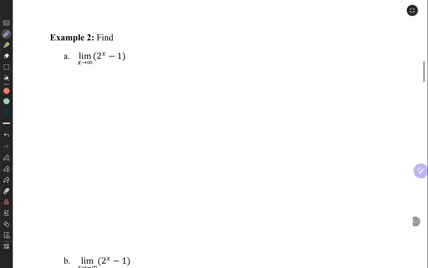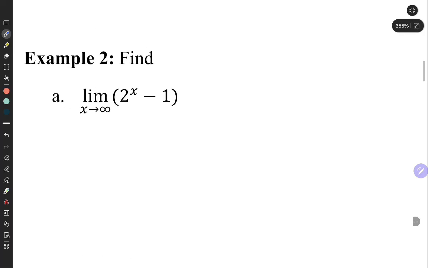Apply that. Think about doing this: limit of 2 to the power x minus 1 when x goes to infinity. In other words, you're about to plug in a very huge number right here. Then what happens to this quantity? That's exactly what we study limits for, right? When x goes to infinity, when you plug in huge x here, 2 to the power infinity.